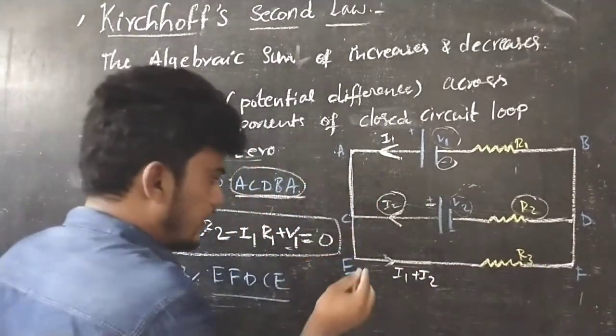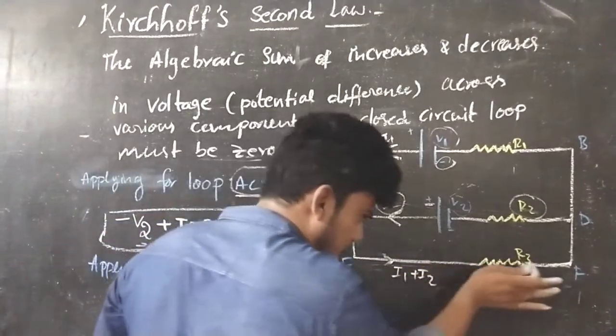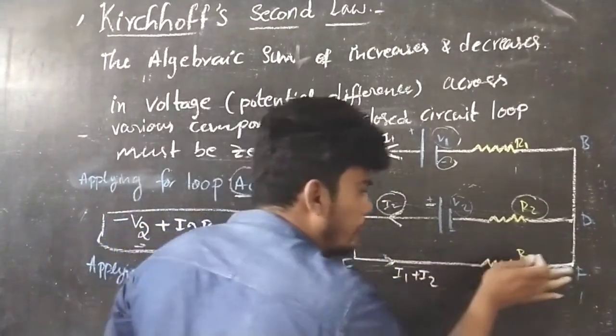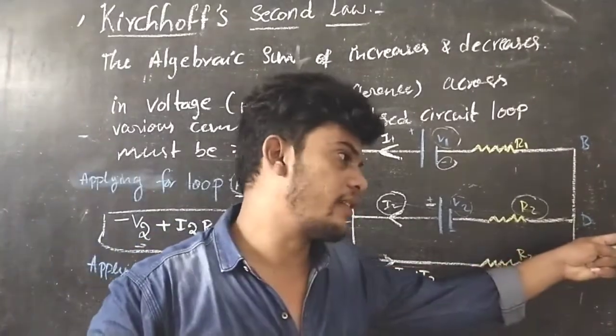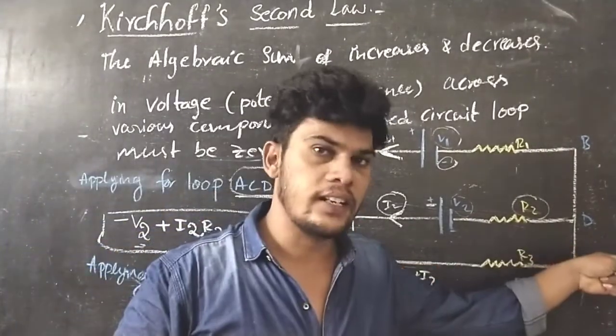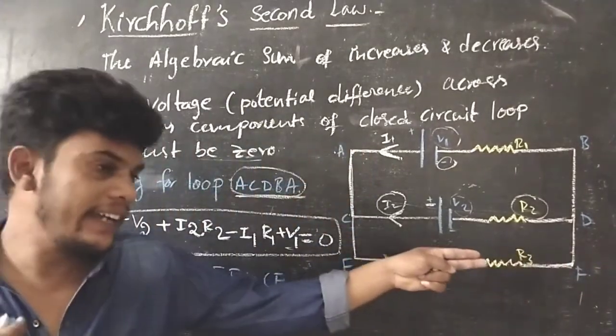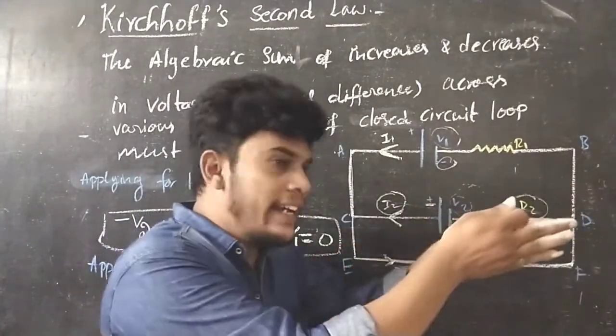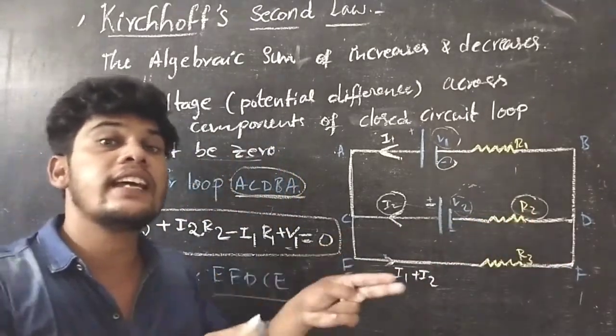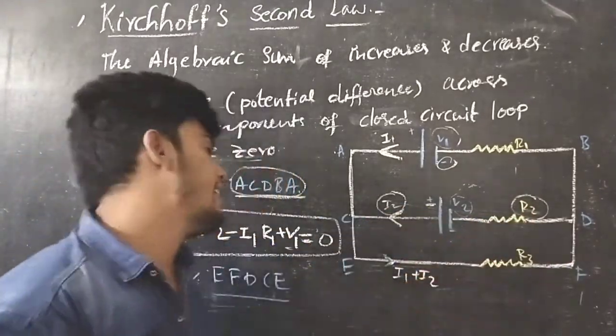R3. Look at here. The direction of the current and the direction of the loop both are same. I am going in this direction, so the loop direction is in this direction. What about the current direction? The current direction also in this direction. Both are same in direction, then we will take it as negative.